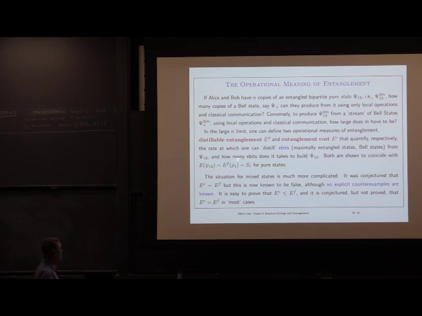So it will turn out that this cost of making Bell states out of my state, or my state out of Bell states, is going to turn out to be the entanglement of formation, which we defined before. But this is only for pure states now.